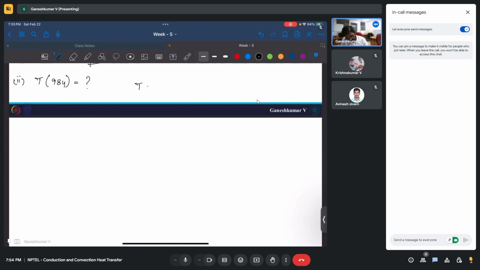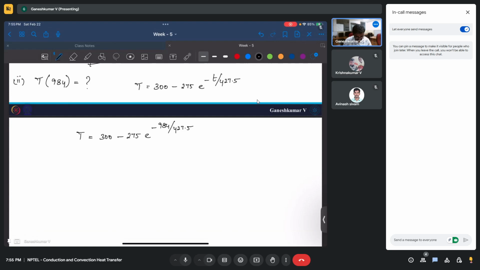So we know T to be 300 minus 275 e power minus t by 427.5. So you just substitute it there: 300 minus 275 e power minus 984 by 427.5. So this should probably correspond to our theory of 272.5.